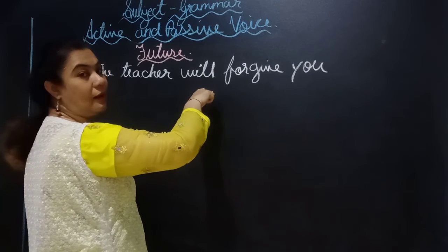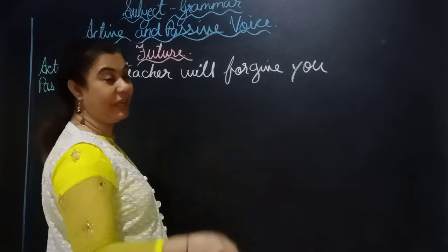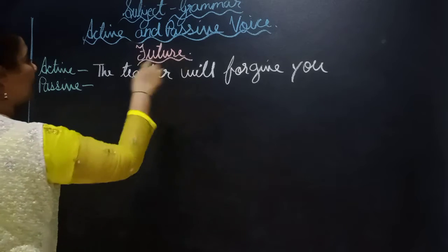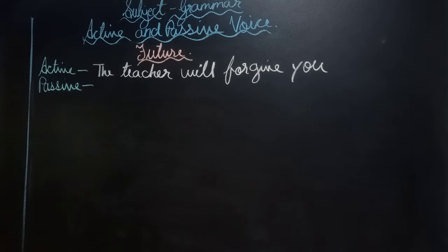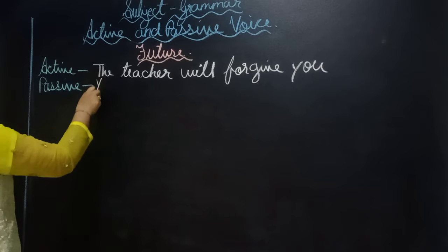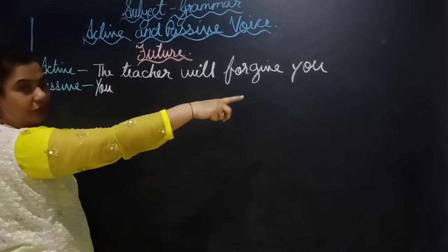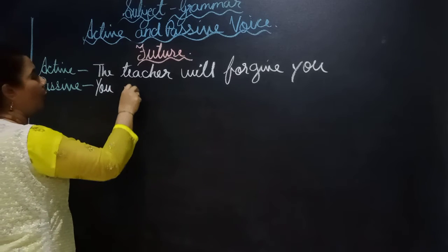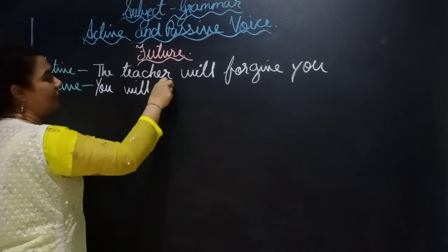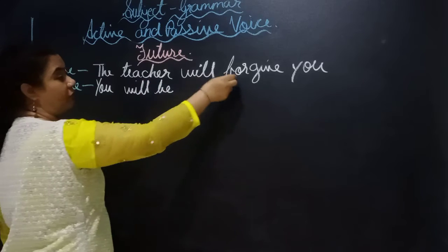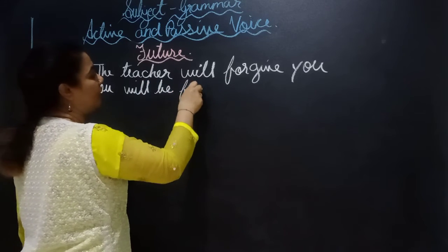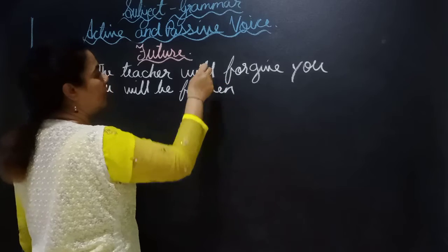And with will we have to add be. Okay, so you are going to write like this: you will be. Why have I used you? Because you is our object. So you will plus be plus the past participle of forgive, it will be forgiven.